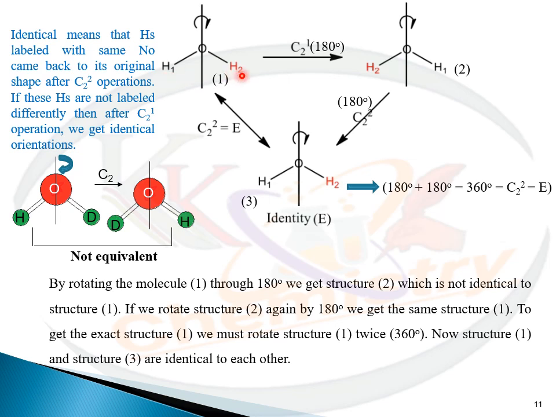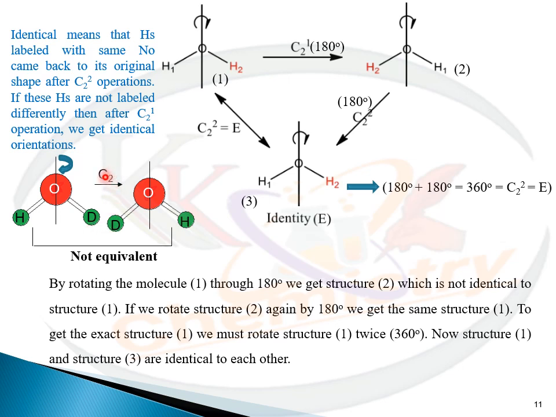So that if we apply a C2 operation, we can notice the difference between the first orientation and the second one. Like here, we can see that these two orientations are non-equivalent. Why? Because here is hydrogen, here is deuterium.